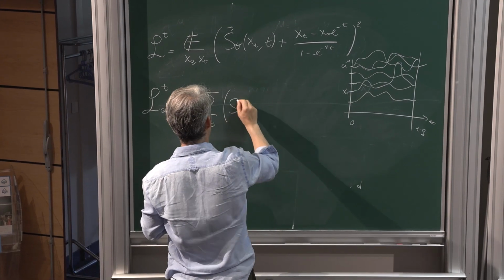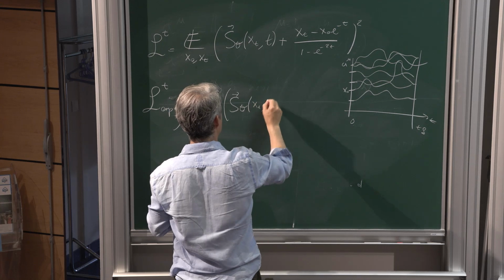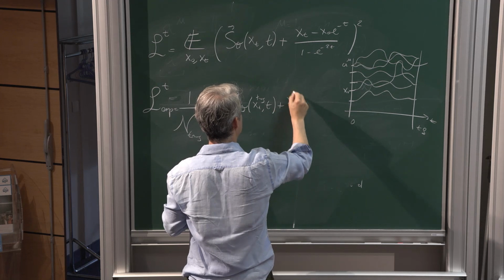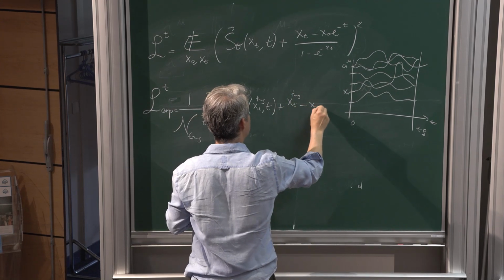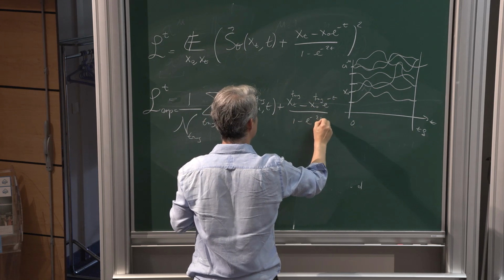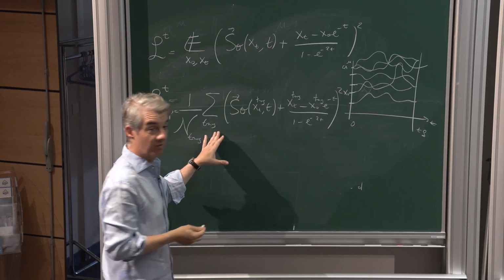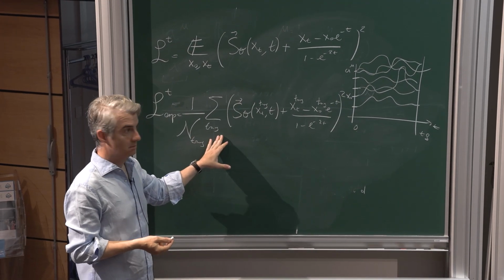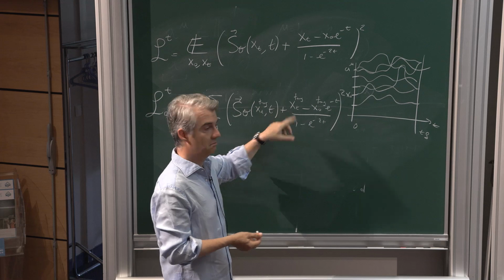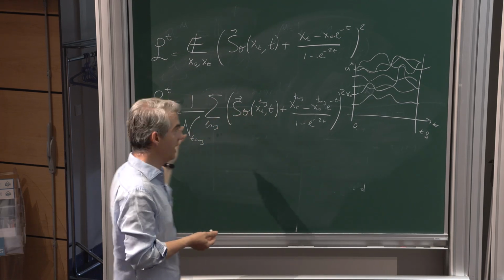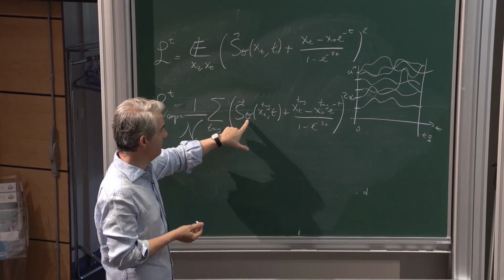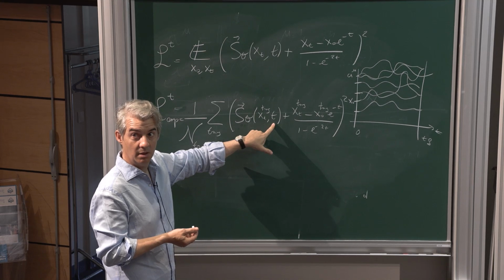So I have s theta of x_t, t for this trajectory, plus x_t for this trajectory, minus x0, the initial condition of this trajectory, exponential minus t, over 1 minus exponential minus 2t, squared. And I sum over all trajectories. I just need to know the initial point and where the trajectory is at time t. I do the sum, and then I can minimize with respect to theta to get the parameter that I need to learn the score at time t.